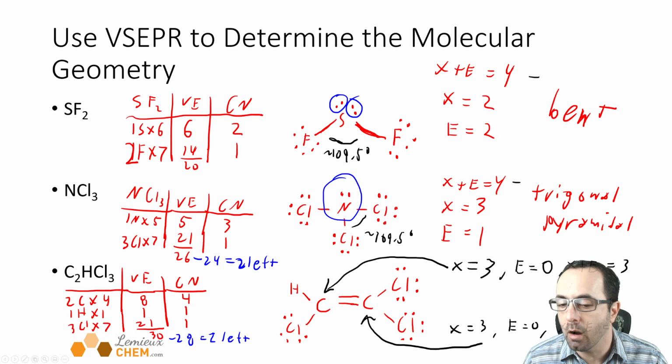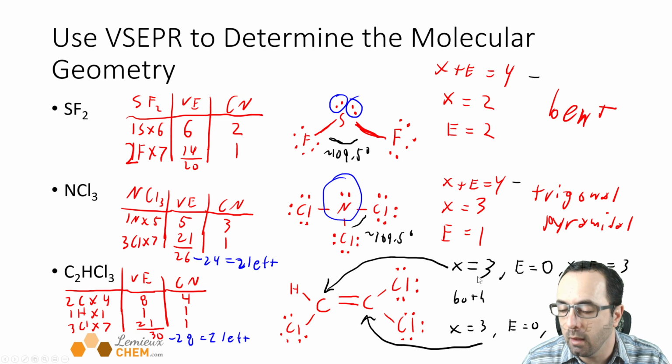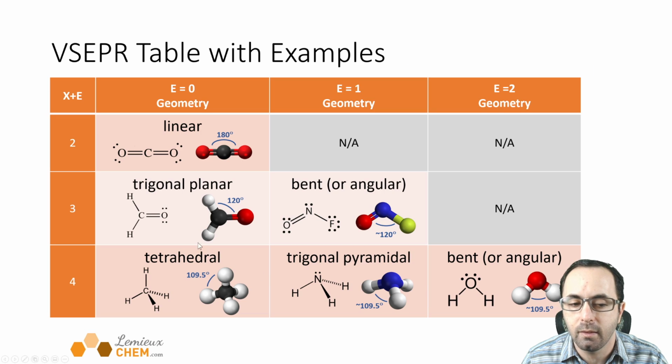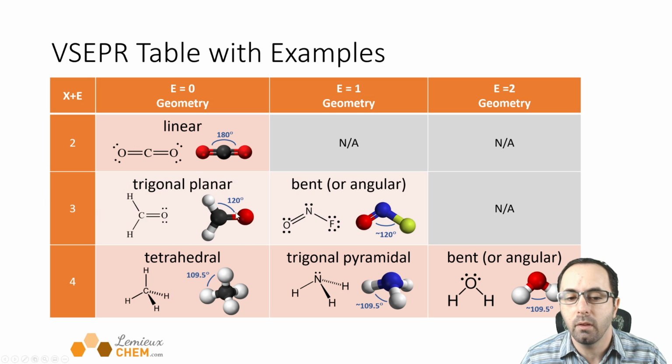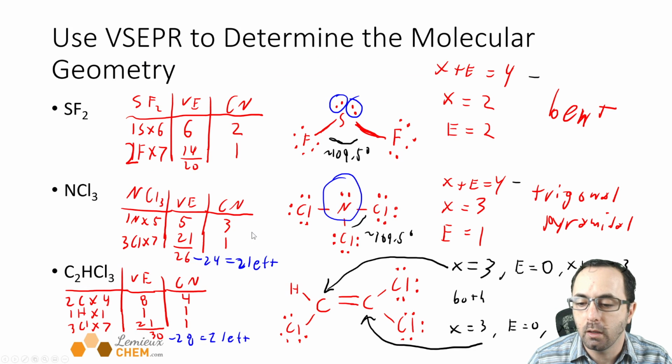So both of these carbons are, it turns out, going to have the same geometry. X plus E is 3 and E is 0. Let's see what geometry that is. This is trigonal planar. So these are both going to be trigonal planar.